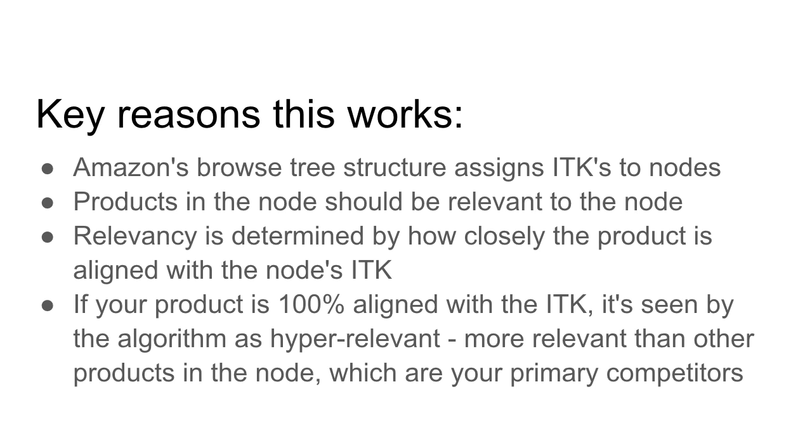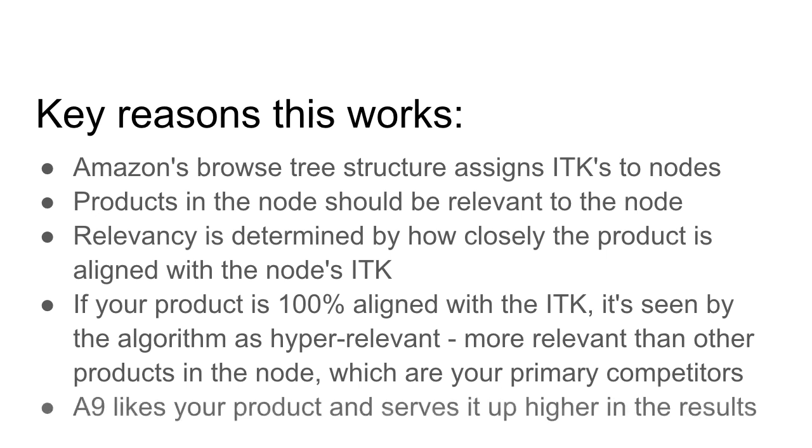So, if your product is 100% aligned with the item type keyword, it's seen by the algorithm as hyper relevant, more relevant than other products in the node, which are your primary competitors. When that happens, the A9 algorithm likes your product and serves it up higher in the results, and that's what you want to see happen.